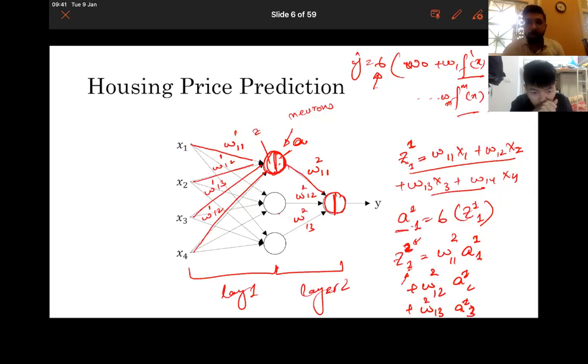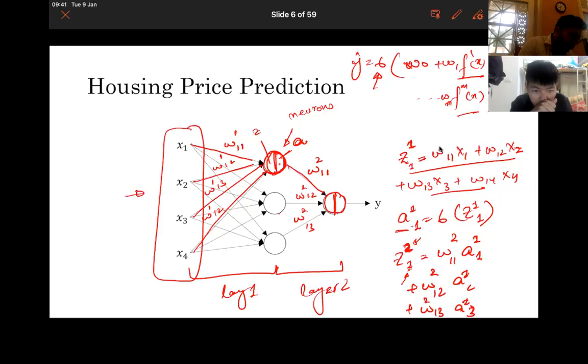Okay. Now, what is interesting is that for the first layer, the inputs are the bases, right? The input that the user provides. In the case of the house example, it would be the size of the house, the location, and these kind of things. But the input to the second layer is something which is learned by the neural network, right? We don't specify it. The neural network learns it with some combination of our inputs.